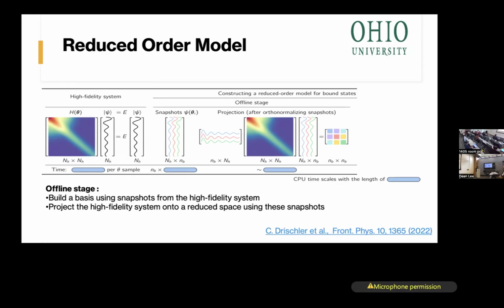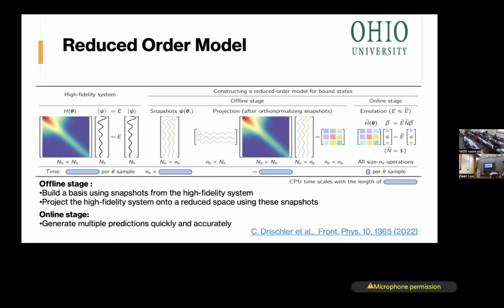This process is called the offline stage, and we build the reduced order model. From this full order model, we go to the reduced order model. With that, we can approximate our solution, like our wave function and our T-matrix. That is the online stage.